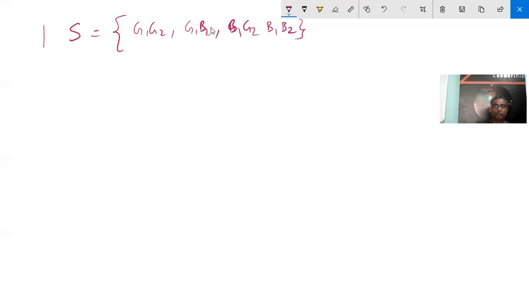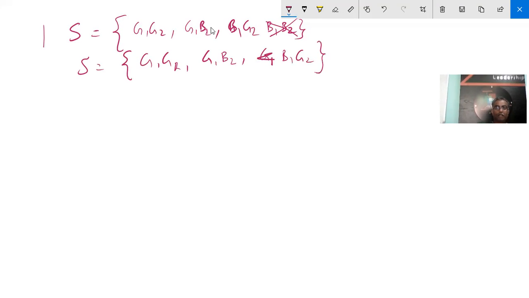That means both of them are boys, you cannot include. So the sample space is now either both of them are girls or at least one of them is a girl. So the sample size n of S is equal to 3.